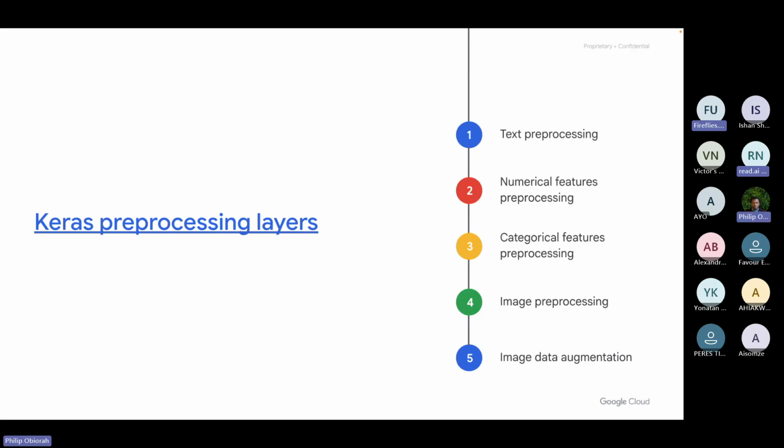It can also be used for numerical normalization. There's a normalization layer that scales inputs to have a mean of 0 and a variance of 1. So this can be used to process numerical features, normalize them. It can also be used for categorical feature processing.